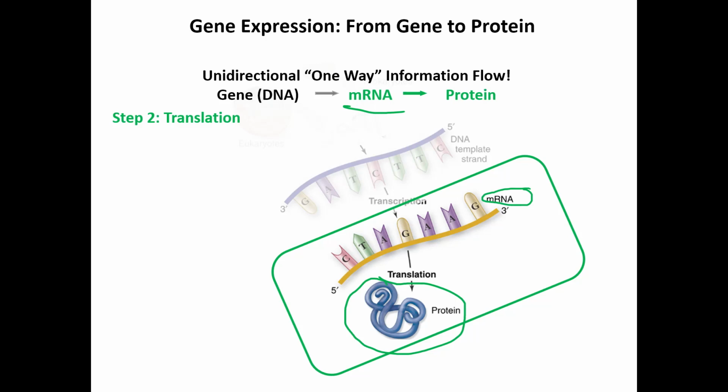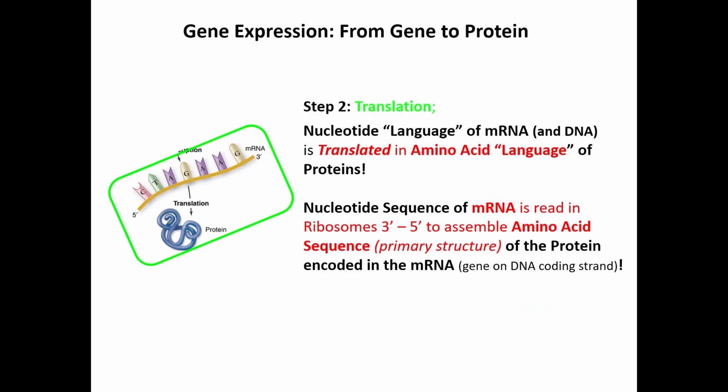This is a process called translation, because now we have to translate the nucleotide language of RNA and DNA into the amino acid language of proteins. Because just like the nucleotide sequence in both DNA and mRNA contains information in terms of what the order of amino acids in the encoded protein is, we have to translate that from nucleotides into proteins.